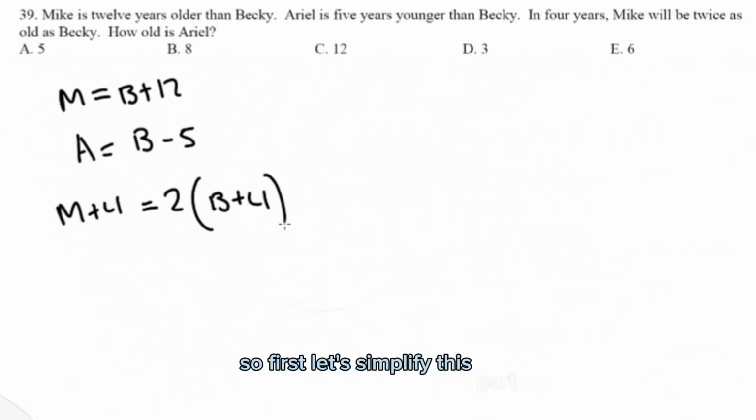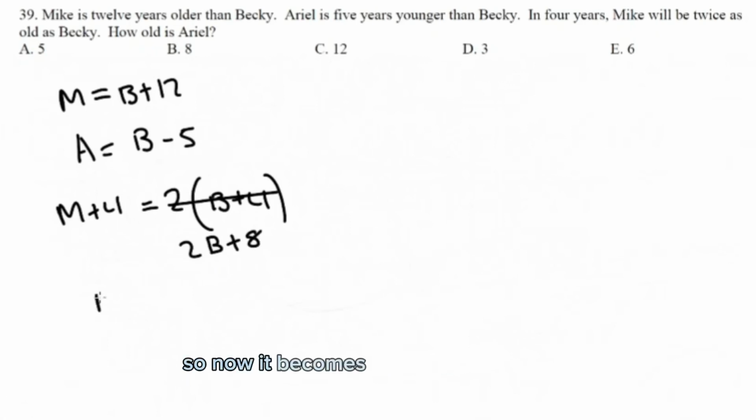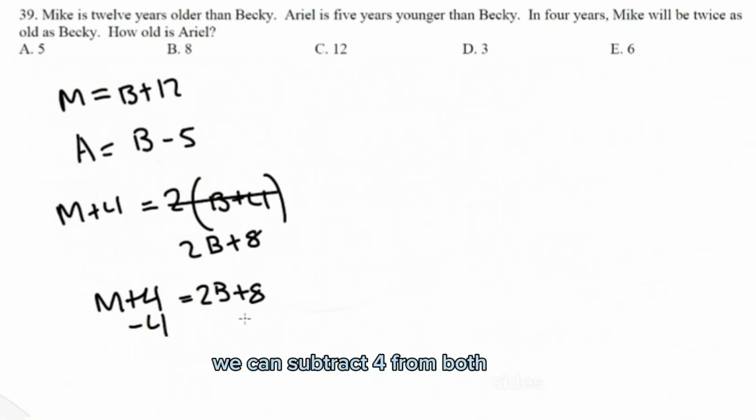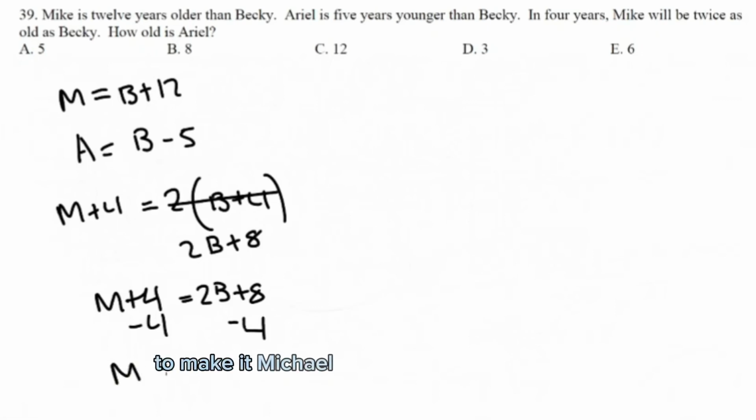So first, let's simplify this part. This is just 2b plus 8. So now it becomes m plus 4 equals 2b plus 8. We can subtract 4 from both sides to make it m is equal to 2b plus 4.